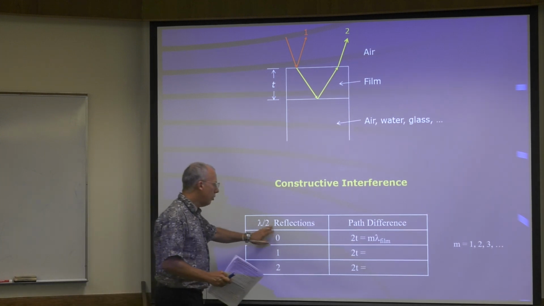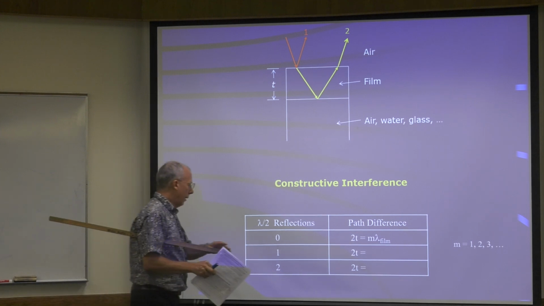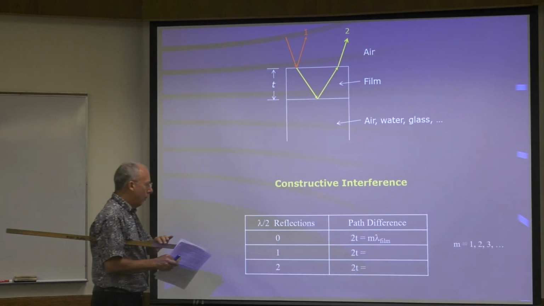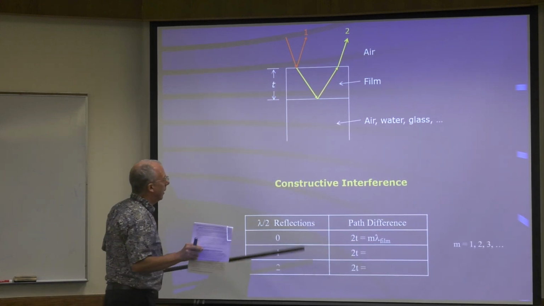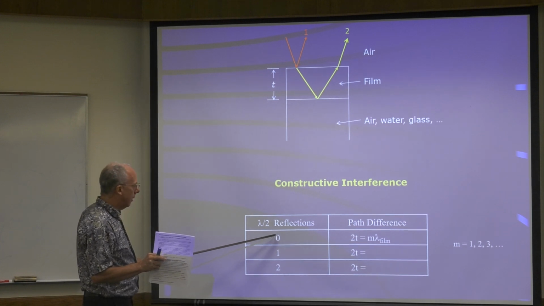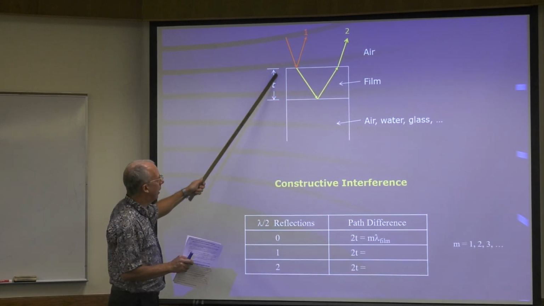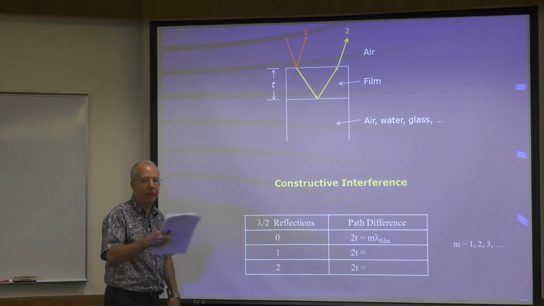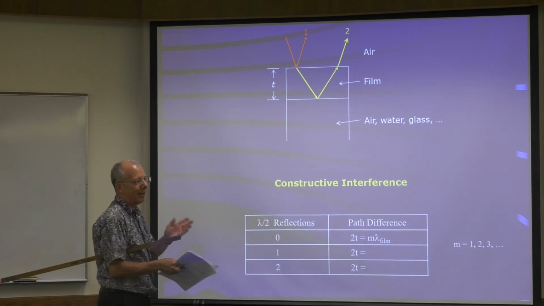If there are no flips and we want constructive interference, what's the path difference? Think about it. Doesn't the path difference have to be 1 wavelength, or 2 wavelengths, or 3 wavelengths? That's what we learned in the previous lecture.